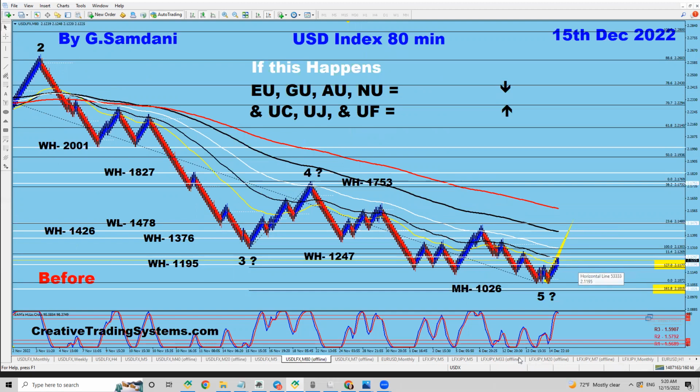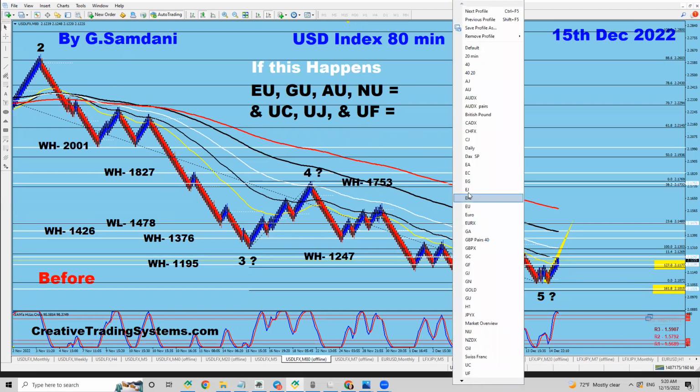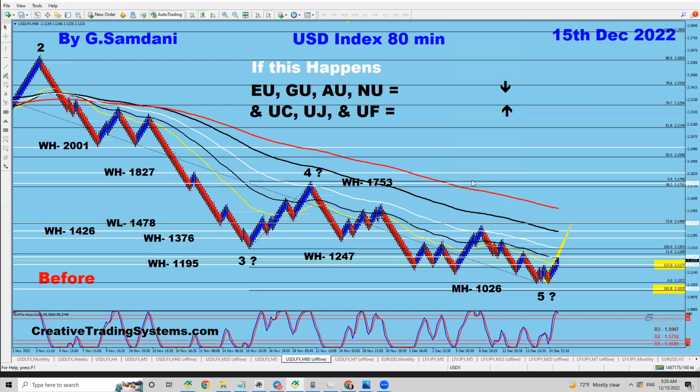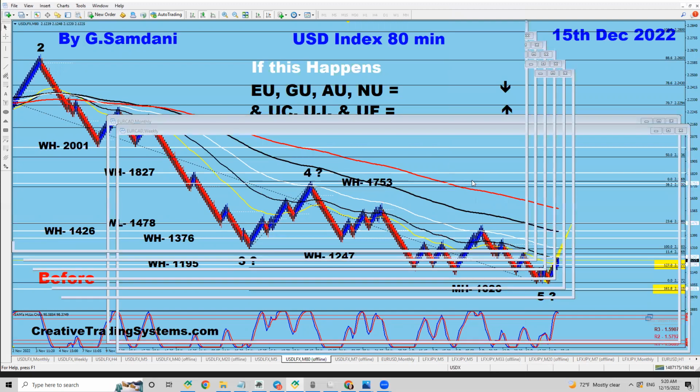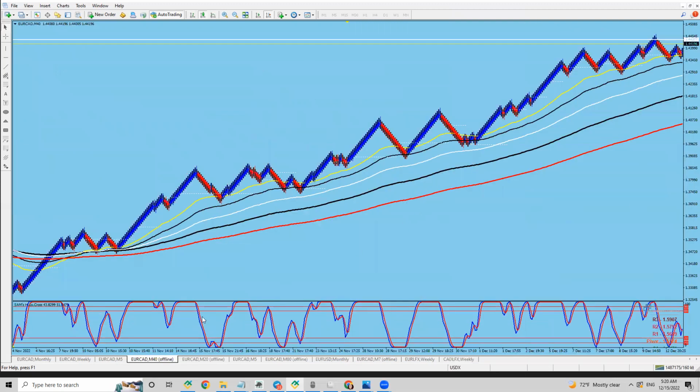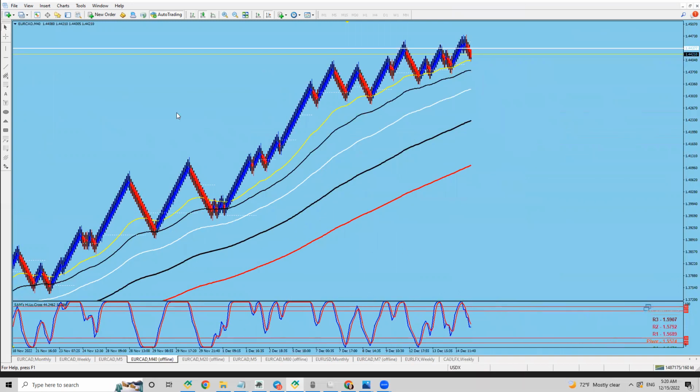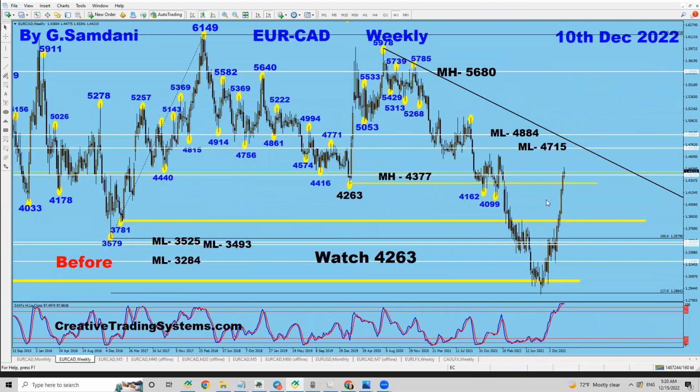All right. So now let me just show you, while I'm here, the CAD pairs like Pound CAD and Euro CAD, and what you can do with that. CAD is getting strong, so be aware of those pairs and be ready. Euro CAD has been doing this, and it is at this number right now. If you look at the weekly chart, amazing, right?